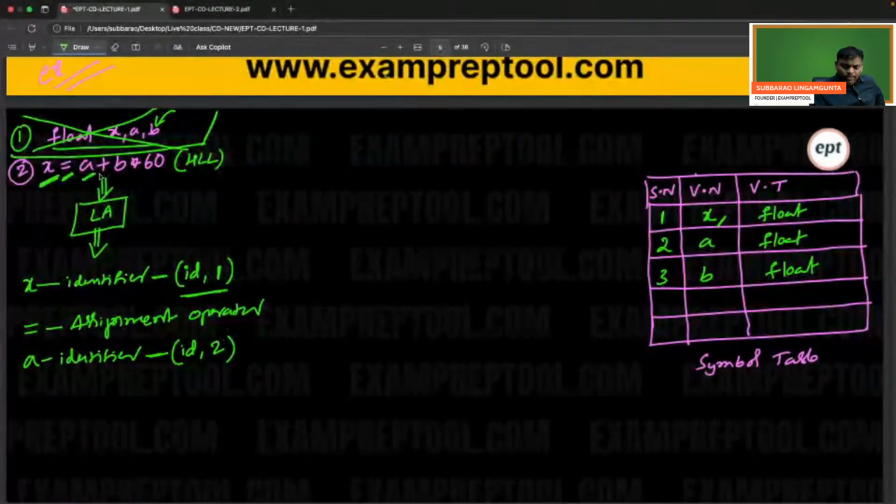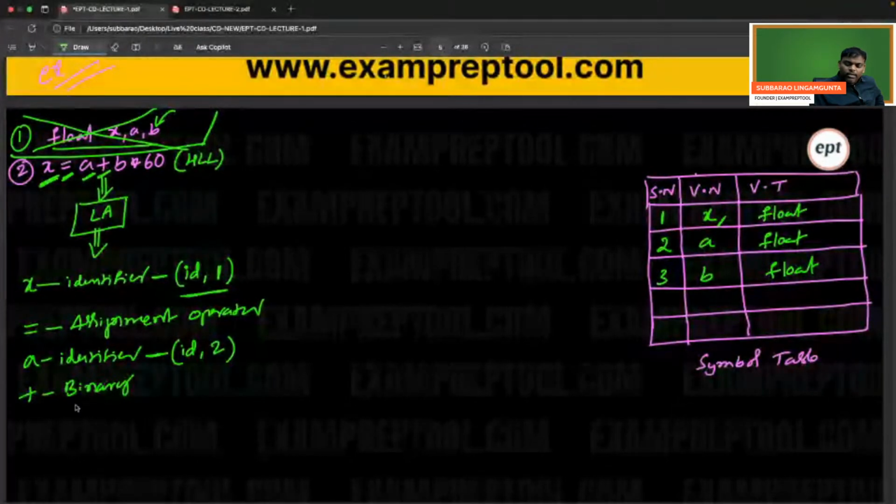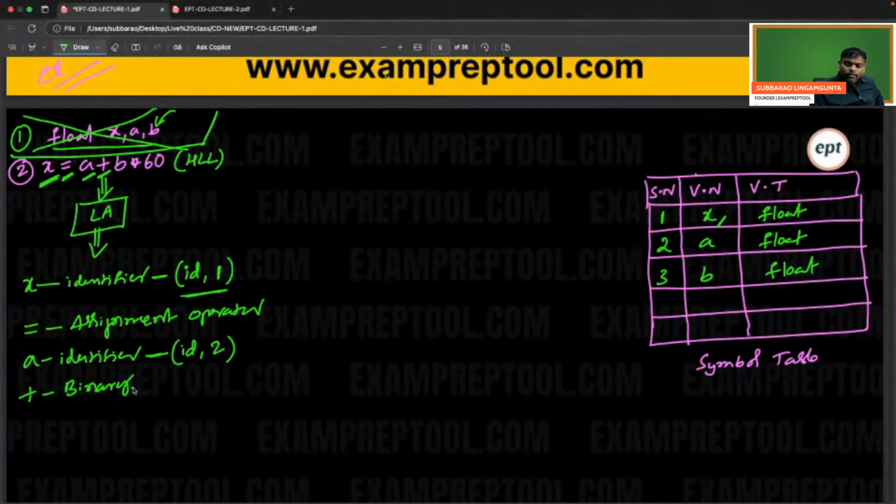Now next one, plus. It is an addition operator. It's a binary addition operator because two operands are required.